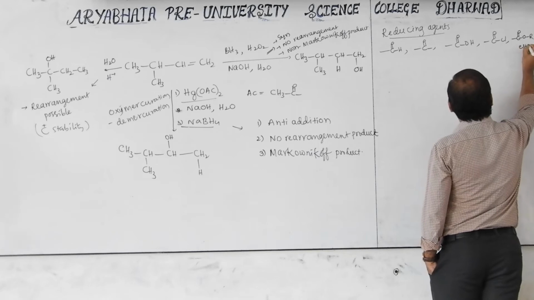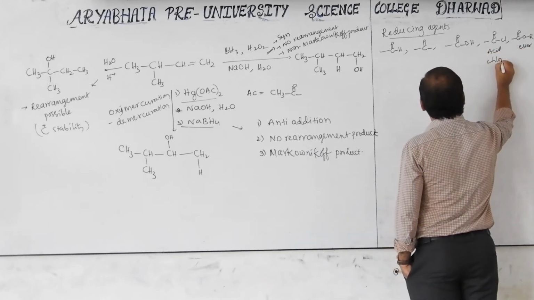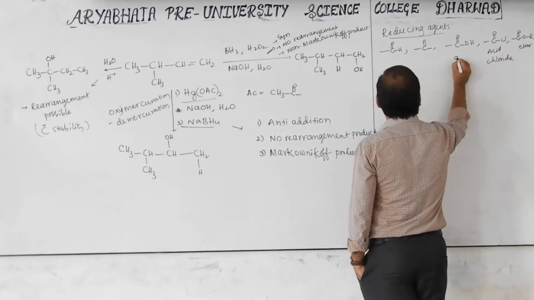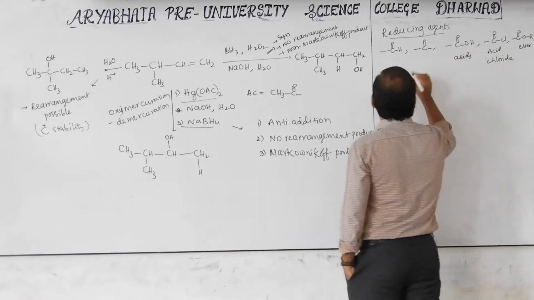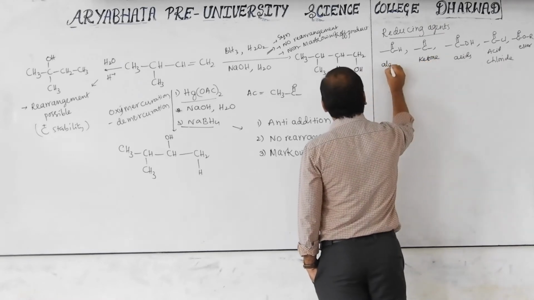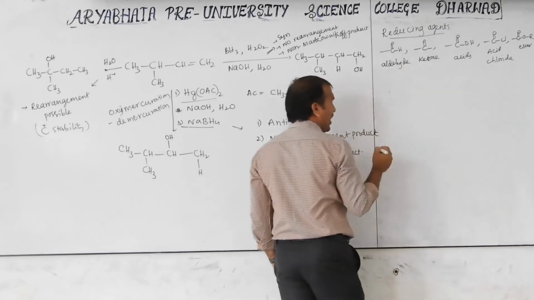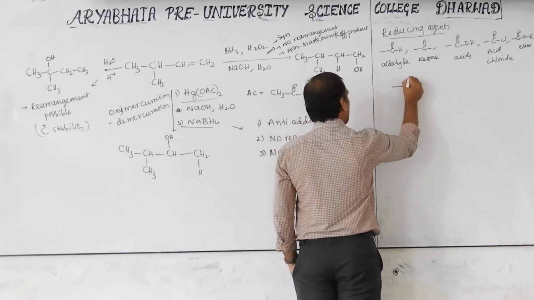This is ester. This is acid chloride. This is carboxylic acid. This is ketone. This is aldehyde. Another one is acetic anhydride or anhydrides.